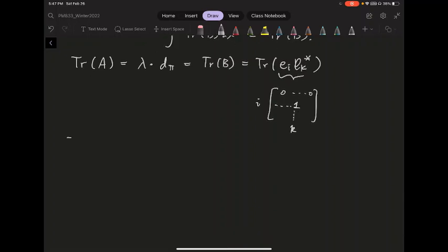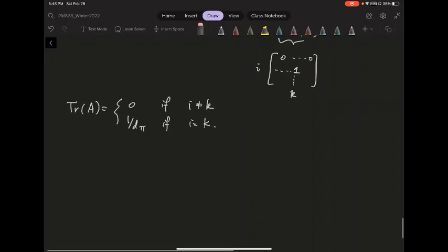The trace of B is just going to be 0 if I is not equal to K. If it's not on the diagonal, of course, the trace is 0. But if it's on the diagonal, then we end up with A just equal to 1 over d pi, if I equals K.